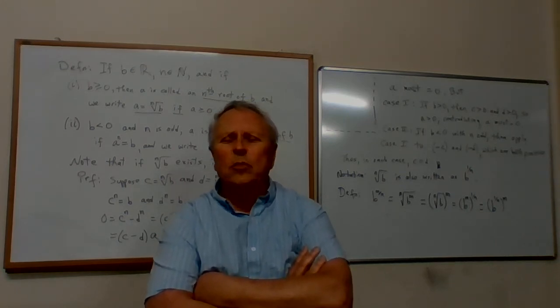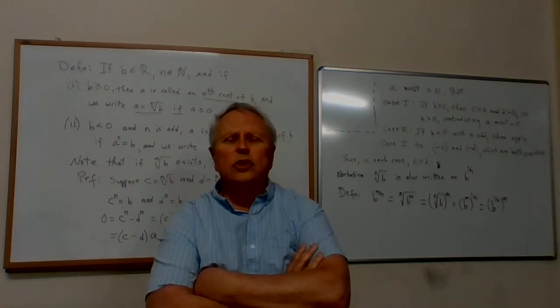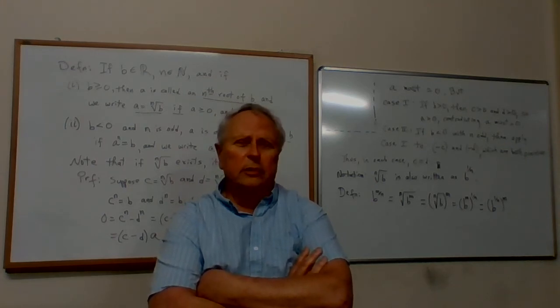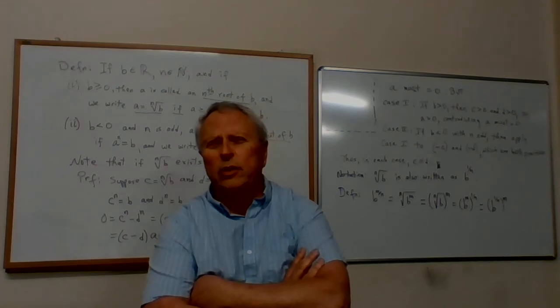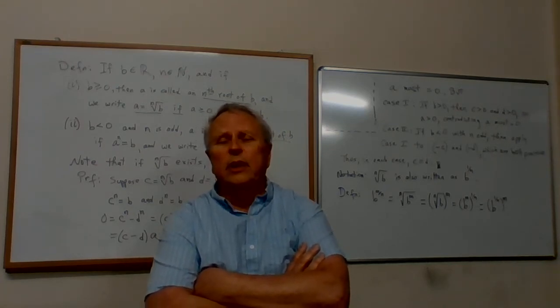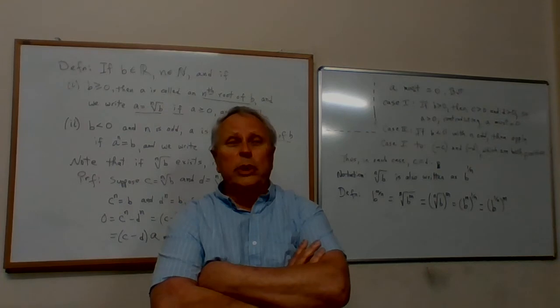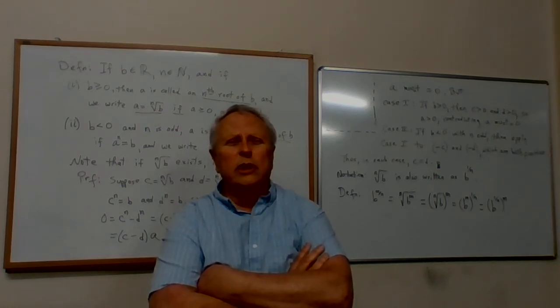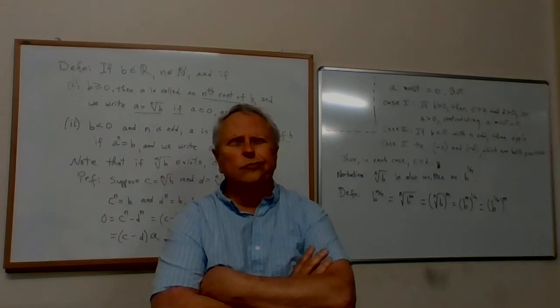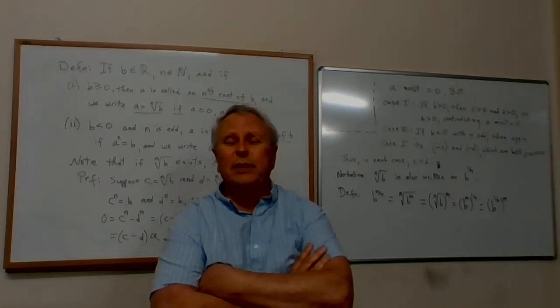What is 81 to the 3/4 power? Well, the fourth root of 81 is 3. So 81 to the... Did I say 81 to the 3/4 power? That's what I meant to say.